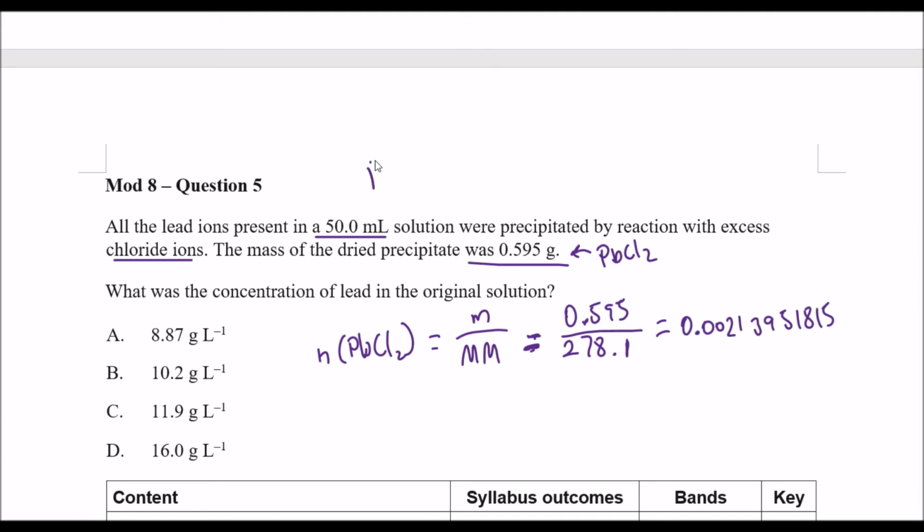Okay. If I write the equation for lead chloride and write it into its constituents, we can actually find that lead and lead chloride is a 1-to-1 mole ratio. So it's the same kind of value there.